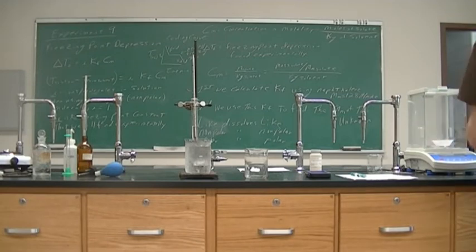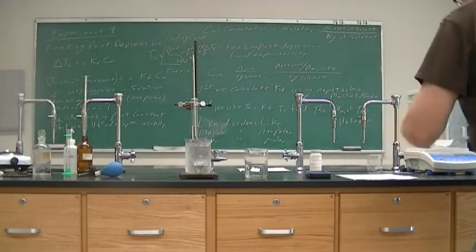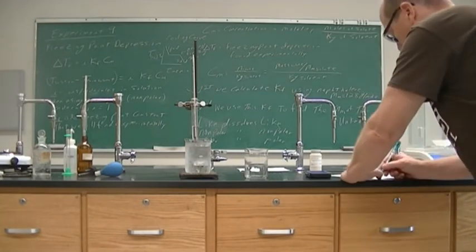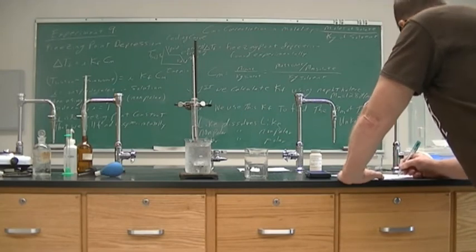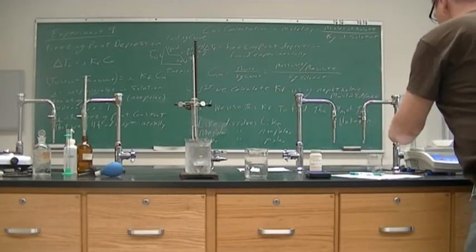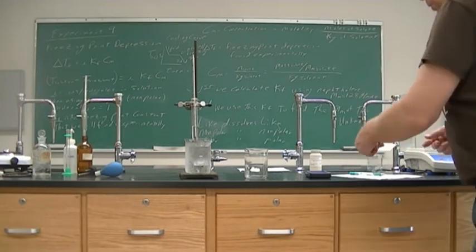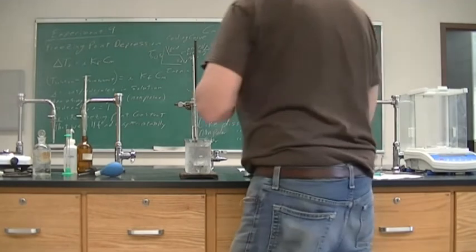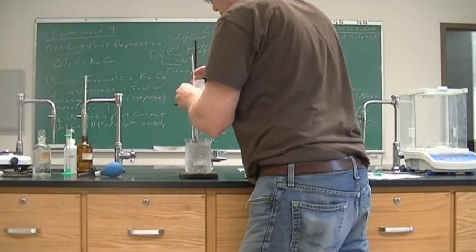All right, so we're going to go with a little more than it asked for. So we're going to use for the unknown mass 0.1411. So this is not a powder, this is in kind of chunks, so that is what we're going to use. And then I'm going to put that into the test tube.